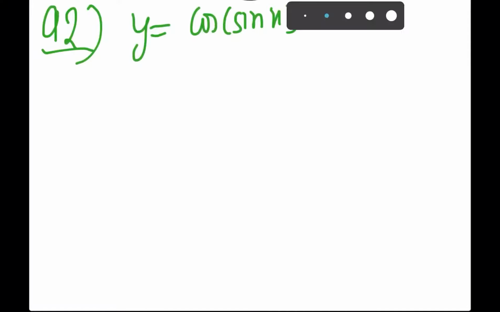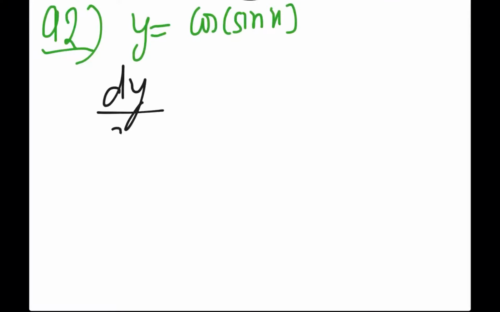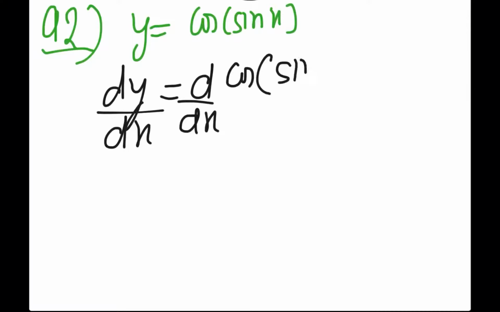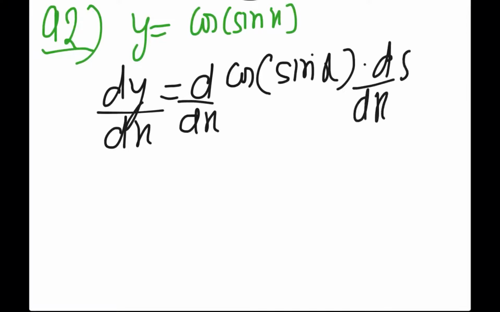I can write it as dy by dx is equal to d dx of cos of sine x into d dx of sine x. Now, the derivative of cos, from the formula which we have done in class 11, is minus sine.